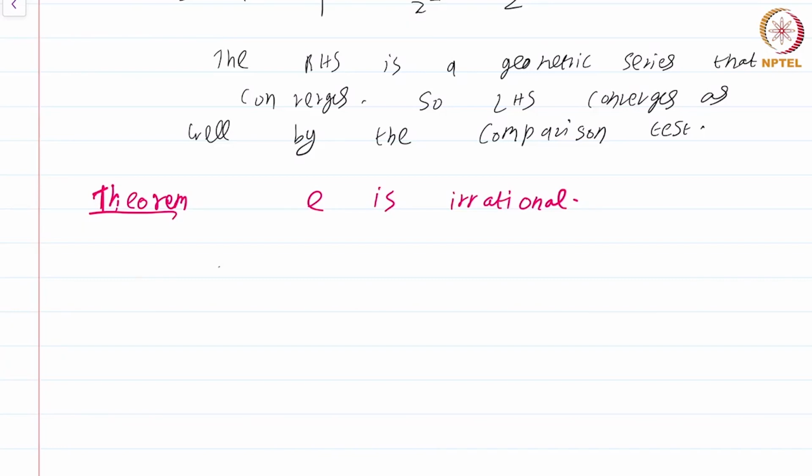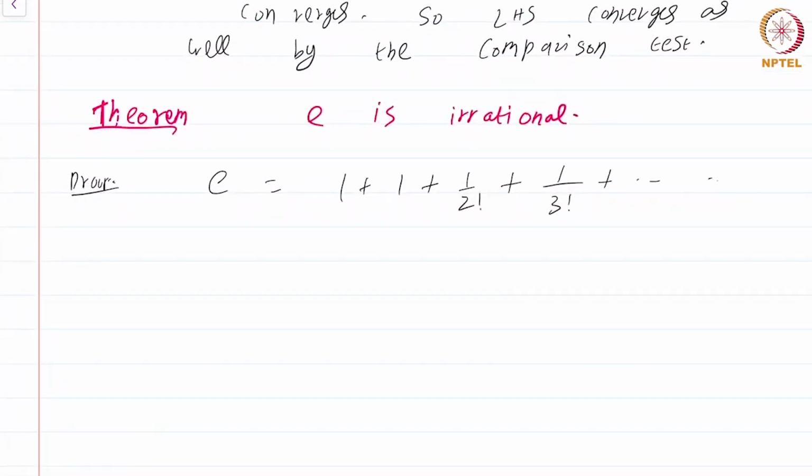We know that e is just 1 plus 1 plus 1 by 2 factorial plus 1 by 3 factorial plus so on, right? Now what we do is the following.